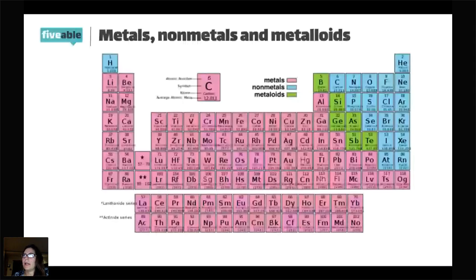So the metals would be here in pink, and they're metals because they're most likely to, what do you think metals will most likely do? Lose or gain electrons? Excellent. They will most likely lose electrons and they will gain a positive charge.